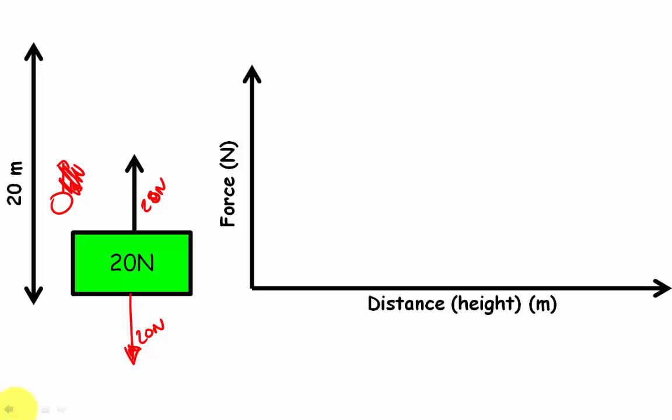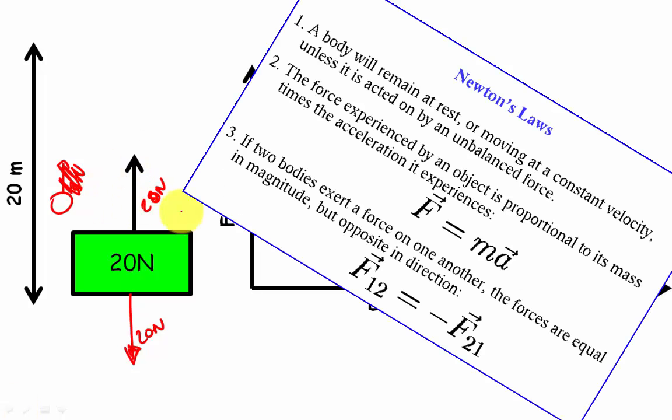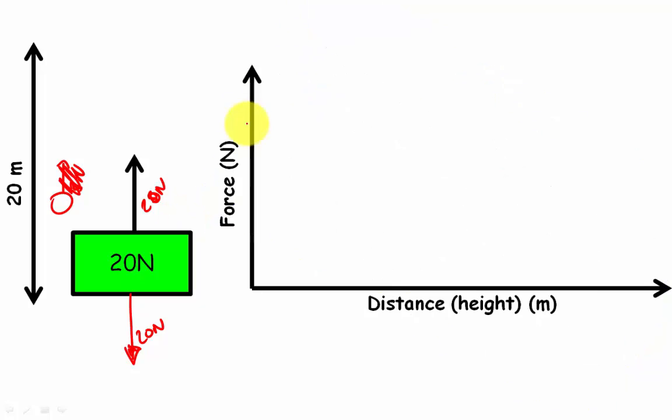Right? Whoops. But now the object is moving. It's got some velocity, but the forces are balanced. If forces are balanced, then velocity remains constant. So we're going back to Newton's laws. So you can think of it like this, right? If this is your 20 Newton force, and this is the 20 meter distance that's going to be needed to be travelled, initially, you don't apply 20 newtons, you apply a little bit more than 20 newtons, right?